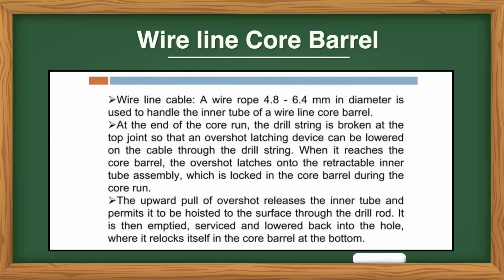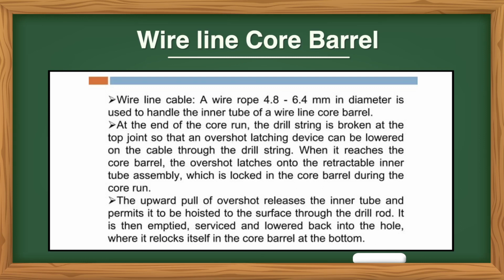Wireline cable, a wire rope 4.8 to 6.4 mm in diameter, is used to handle the inner tube of a wireline core barrel. At the end of the core run, the drill string is broken at the top joint so that an overshot latching device can be lowered on the cable through the drill string. When reaching the core barrel, the overshot latches into the retractable inner tube assembly, which is locked in the core barrel during the core run.